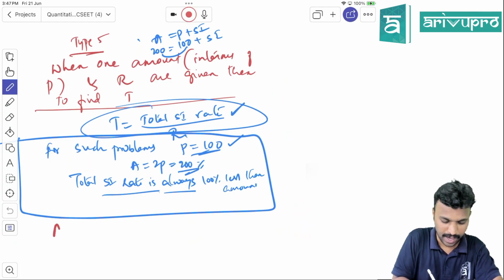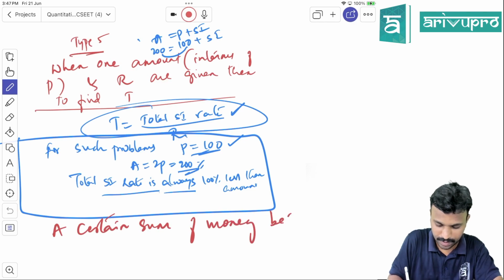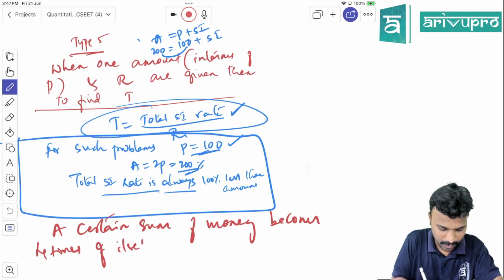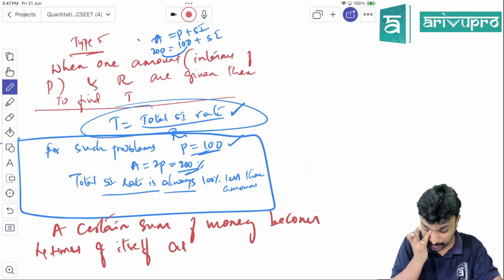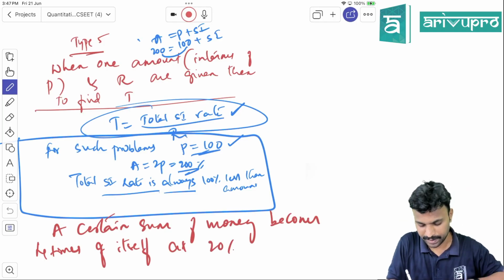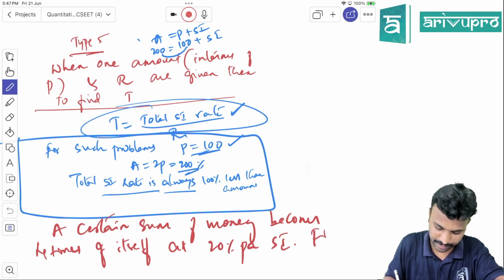The question is, a certain sum of money becomes 4 times of itself at 20% per annum SI. Find the time taken.